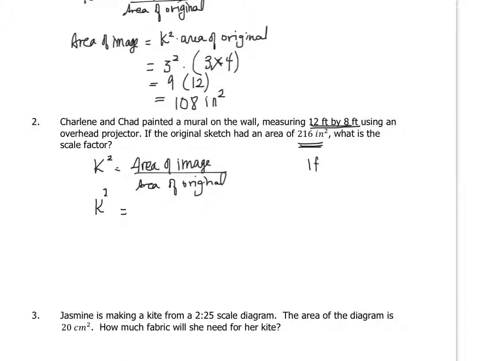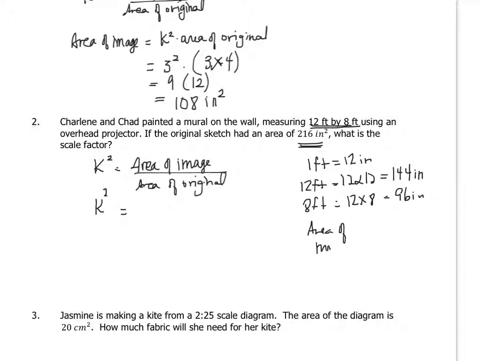One foot is equivalent to 12 inches, so 12 feet would be 12 times 12, or 144 inches, and 8 feet would be 12 times 8, or 96 inches. So therefore the area of the mural in inches squared would be 144 by 96.